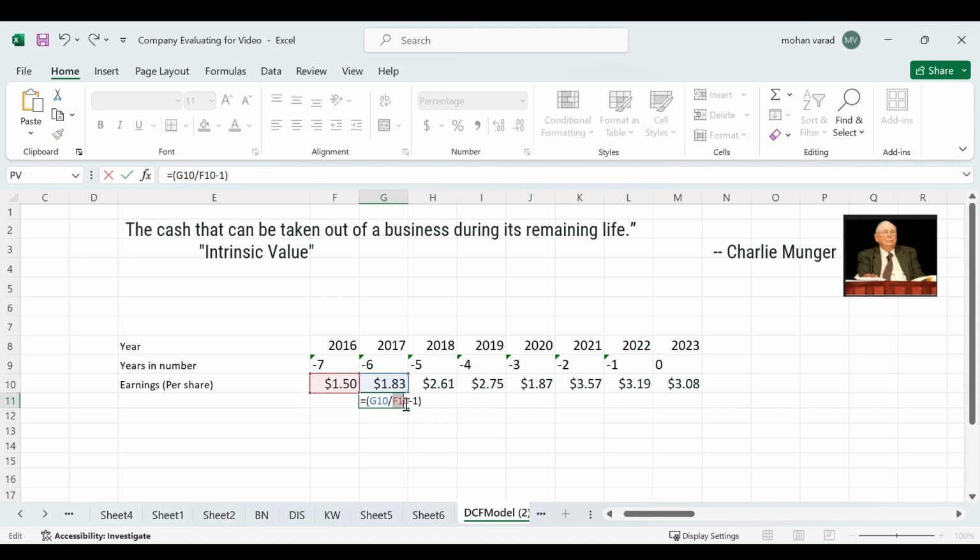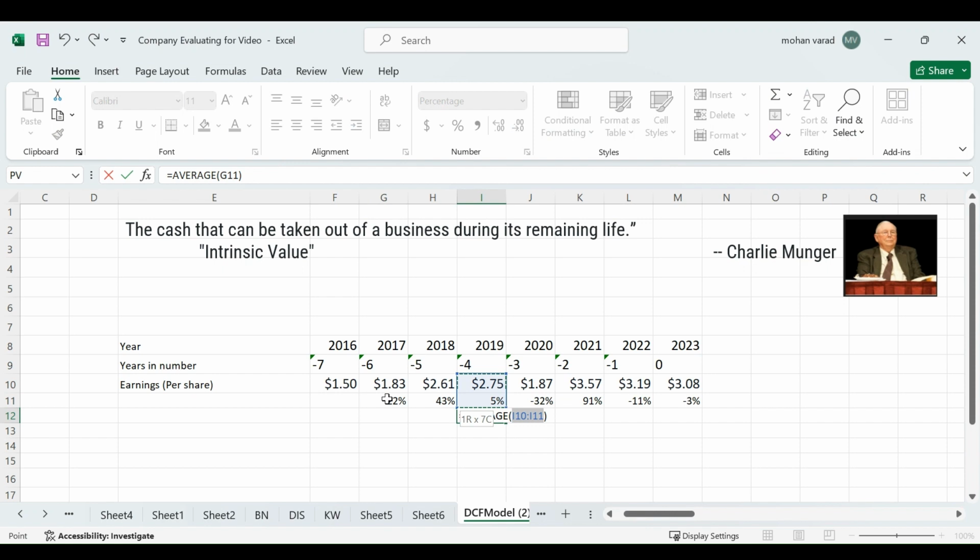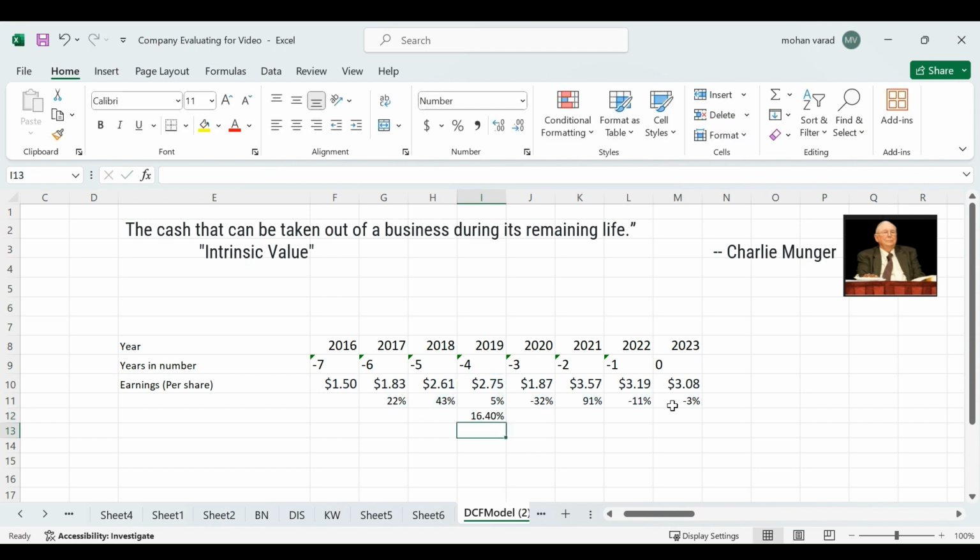So between 2016 and 2017, the earnings per share grew by 22%. Now, if I drag this out, we can see what the earnings per share growth rate per year has been. And then if you want an average of that, we could do something like this and divide by the total number of years, which is 7.